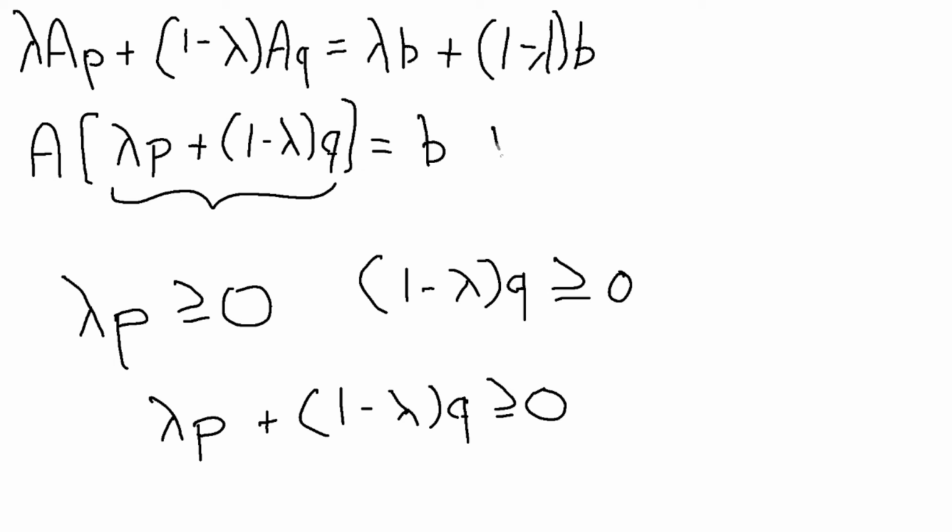These are the two conditions required for the point lambda P plus 1 minus lambda Q to be in the set K. And since this is true for any arbitrary P and Q in K, and any lambda on the closed interval 0, 1, K is convex.